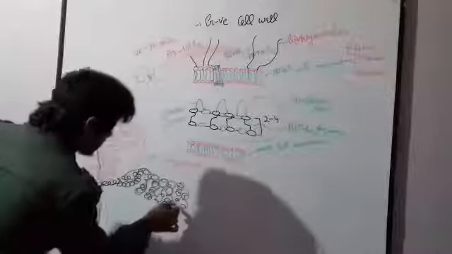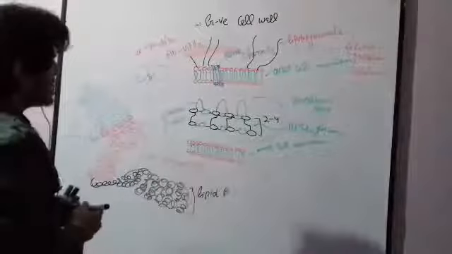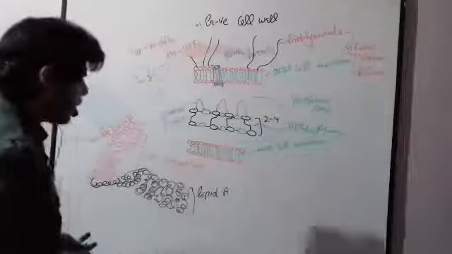Now this chain is called lipid A. So this is actually lipopolysaccharide. It consists of O side chain, core polysaccharide, and lipid A.